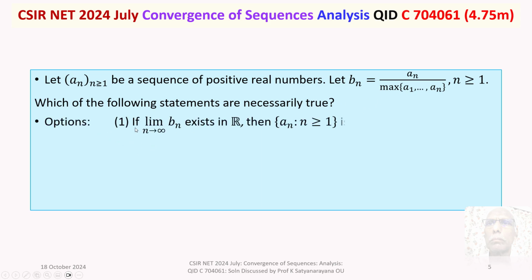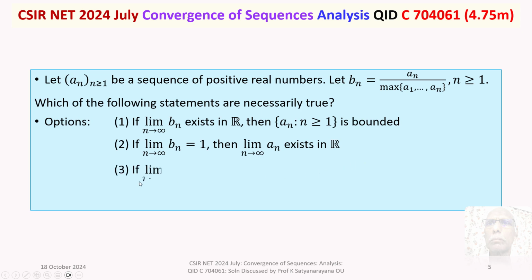Option 1: if limit n tends to infinity of b_n exists in the set of real numbers, then the sequence (a_n), n greater than or equal to 1, is bounded. Option 2: if limit n tends to infinity of b_n is equal to 1, then limit n tends to infinity of a_n exists in the field of real numbers.